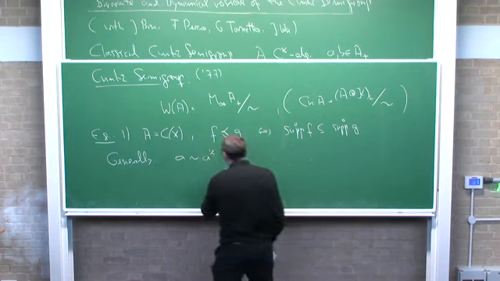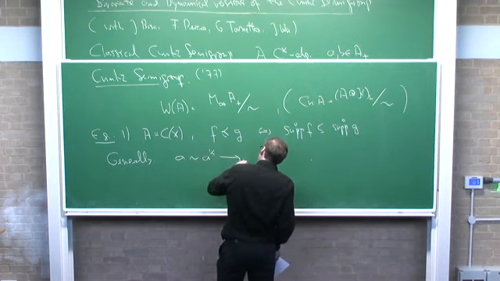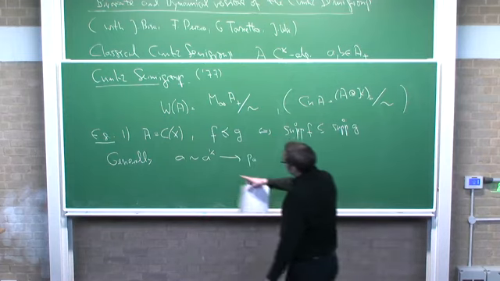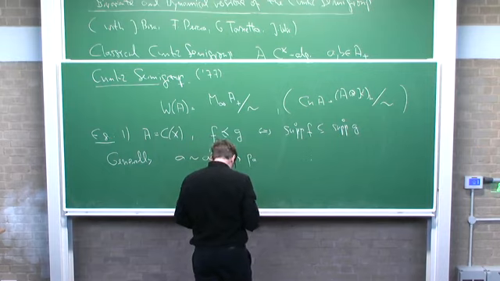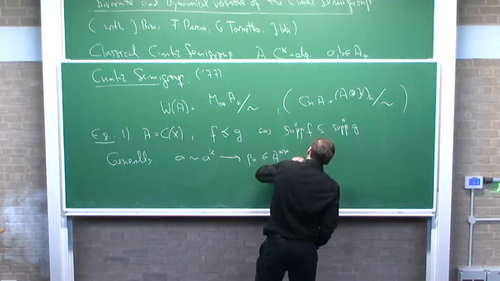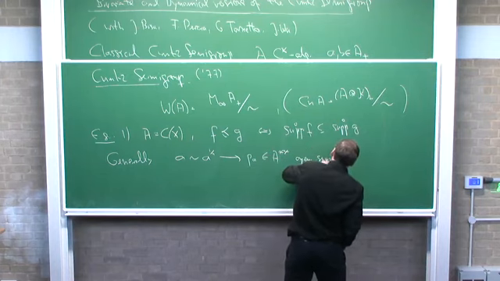And if you let n go to infinity, then this converges to the open support projection of this element a. This would be something in A double star, the open support projection.